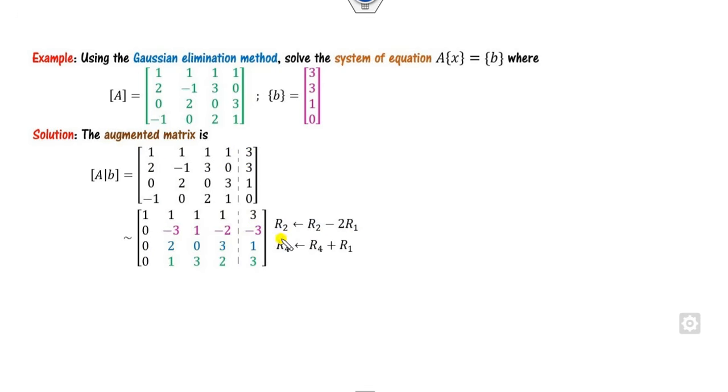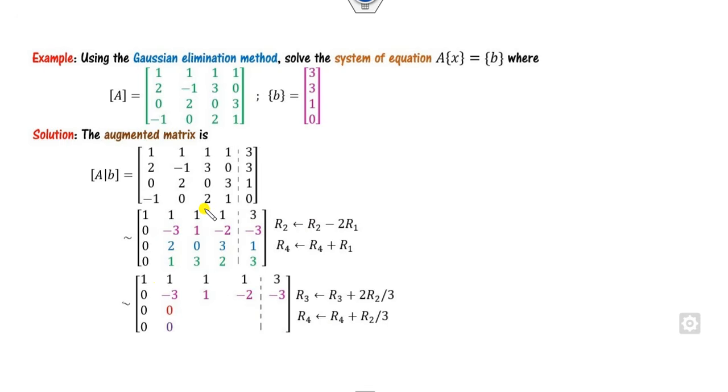Rest of the values you can compute. Now this is my box element, which is not 0. So you can preserve the first 2 rows here. Now this is my box element. Now you can write this value. Previous value is 0. It's 0 minus 2 divided by box element, 2 over 3. This value, previous values are 3, 2 and minus 2.